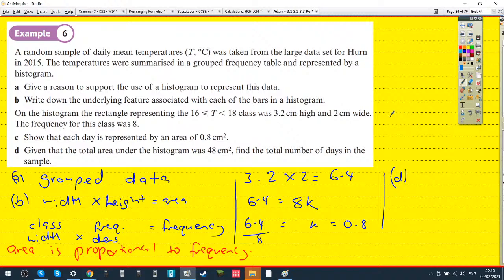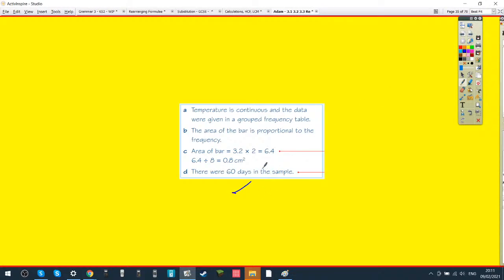So would you need to divide by 8? Or 0. Wait, no. Yeah, 0.8. 1 day is 0.8, and so 48 over 0.8 is 60 days. Yep.